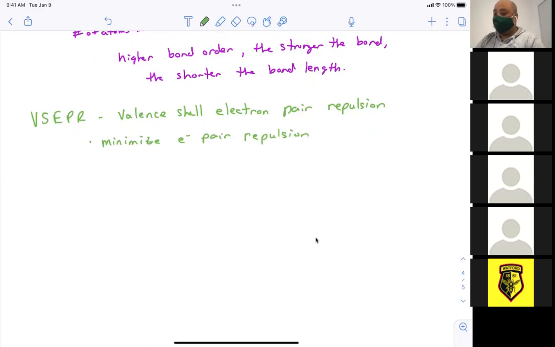Now, what you need to know is that lone pair repulsion is the strongest. So you want to keep the lone pairs away from each other as much as possible. Then it's lone pair and bonding pair.